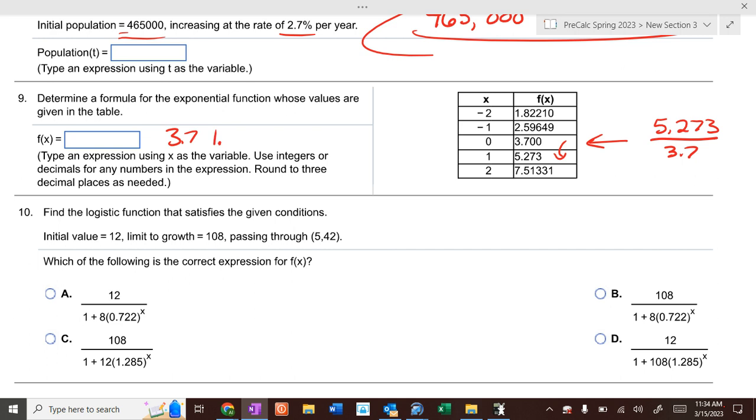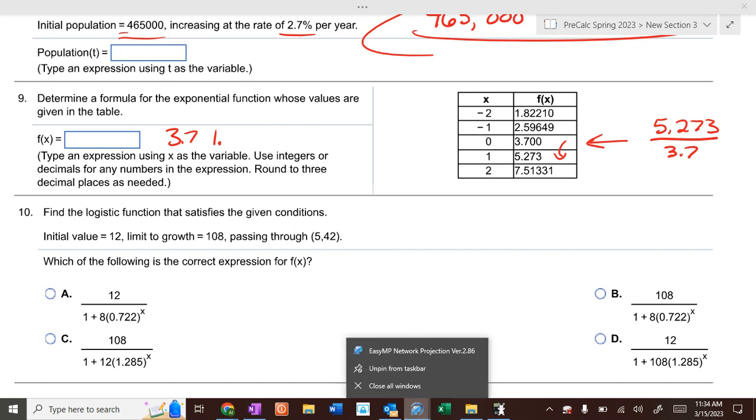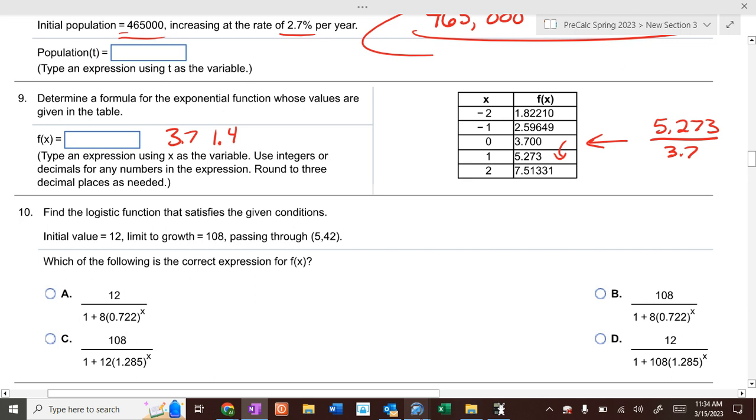What do we get when we do that? 1 point what? 5.273 divided by 3.7. 1.4. Okay, how many? Round to 3 decimal places. 1.425 to the x power. Okay? So you just have to take the next one down and divide by that one to figure out how much it grew by.